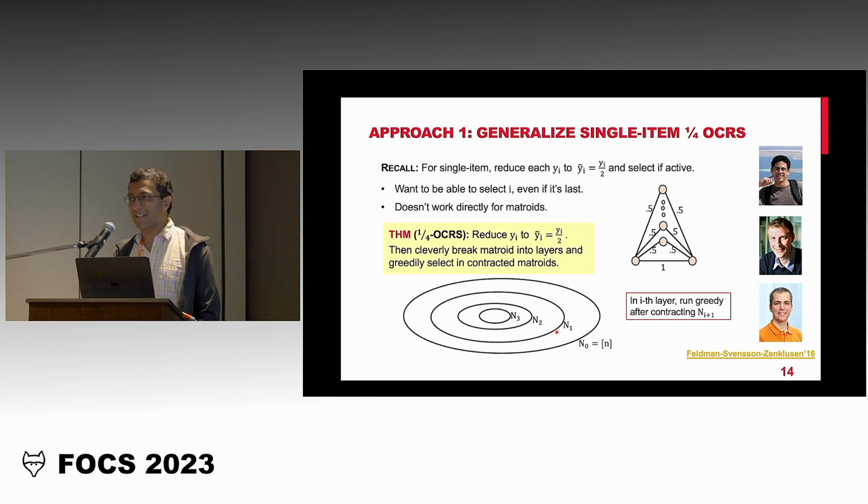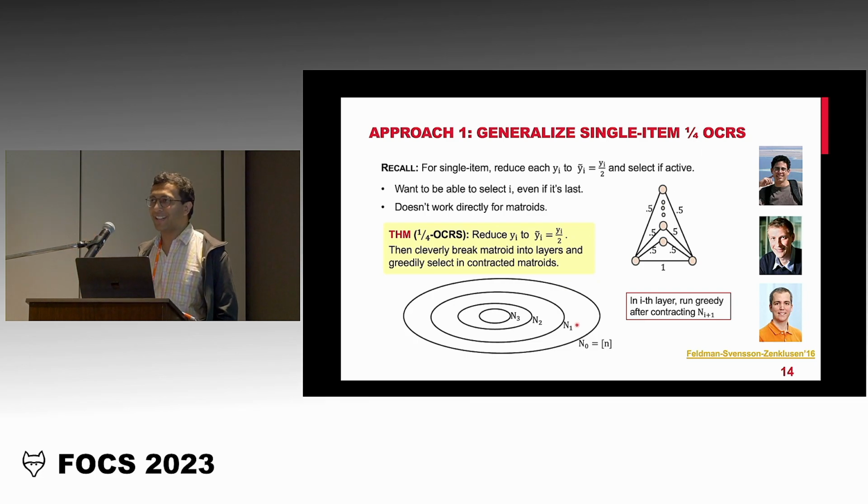But once these layers are defined, my algorithm is basically a greedy algorithm. Suppose your element is in some ith layer. It's going to imagine that all the elements in N1, N2, N3, which have a higher priority, are already taken. In matroid notation, it means I've contracted in my matroid the elements of N1.